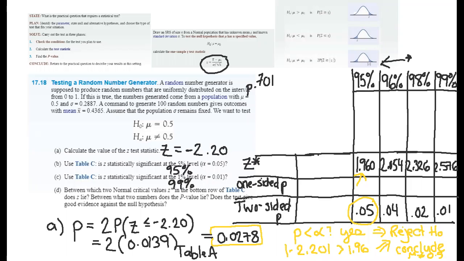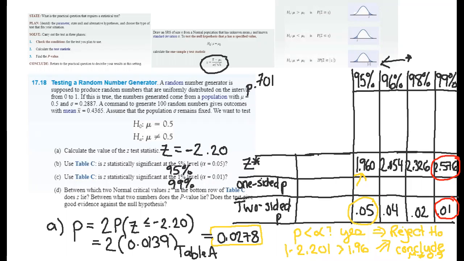And part C asks us the same question, only in regards to the 1% level and the 2.576. So is P less than 0.01? No, right?